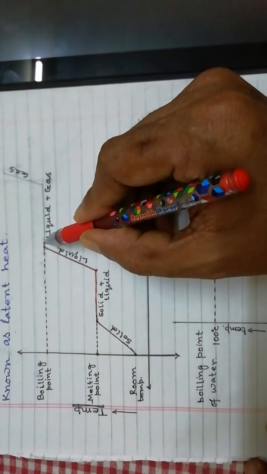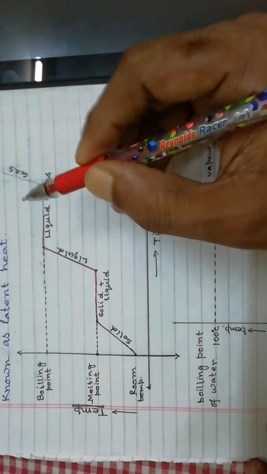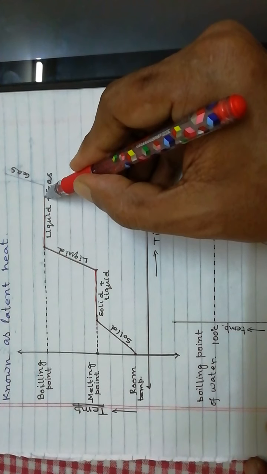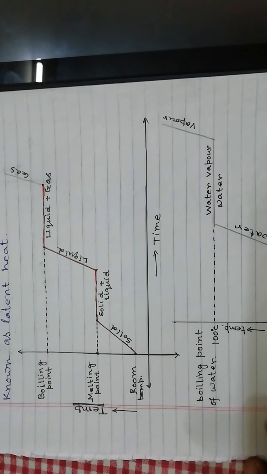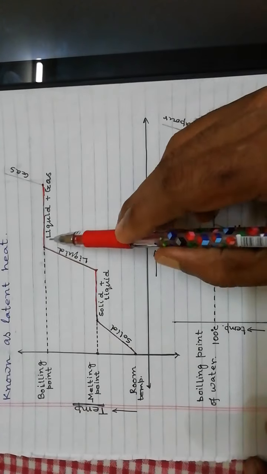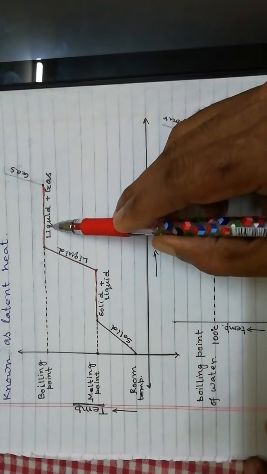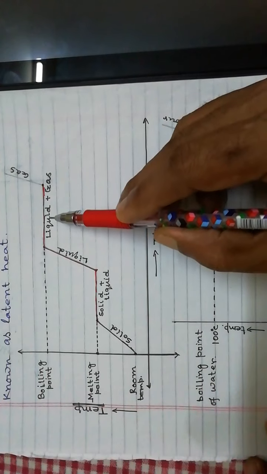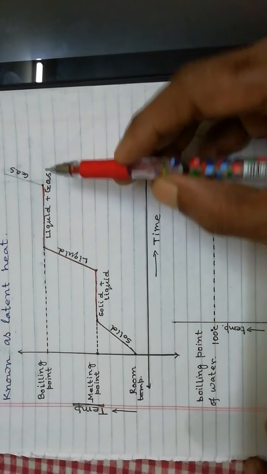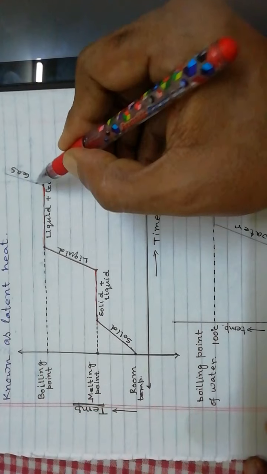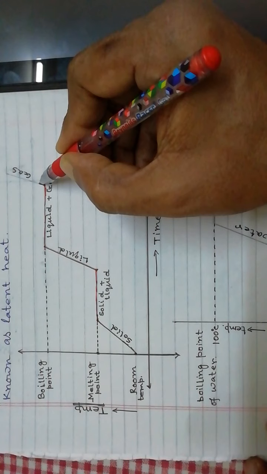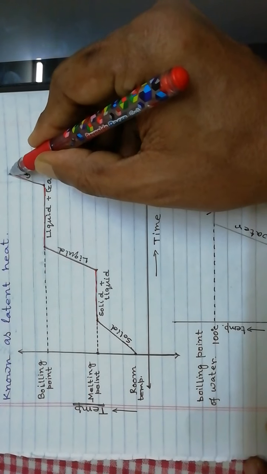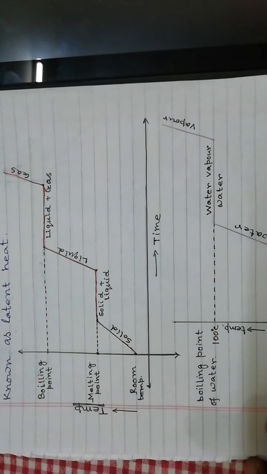Here the liquid is converted to its vapor state, and when it reaches that point, then the total liquid is converted into its vapor state. Here this is the state change. Liquid is converted into gas or the vapor state. After reaching that point, the temperature again starts to rise and goes on.